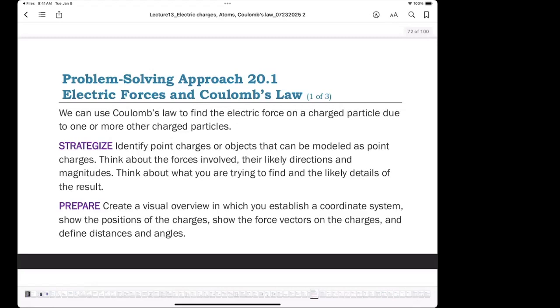Then do the preparation. Firstly, identify point charges or objects, and then create a visual overview in which you establish a coordinate system, show the position of the charges, show the force vectors on the charges, and define distances and angles.